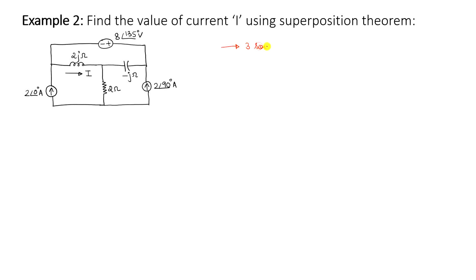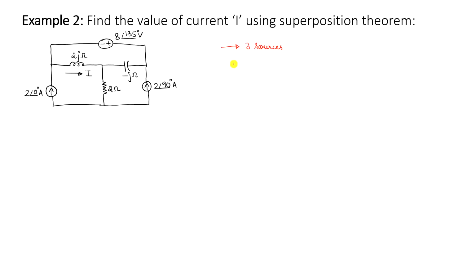And all these sources, if you observe, are represented in their polar form. So it becomes difficult for us to do the calculations because these sources are represented in the polar form, whereas the impedances corresponding to the inductor and the capacitor are represented in the rectangular form. So to make things simpler, convert these sources from polar form to rectangular form.